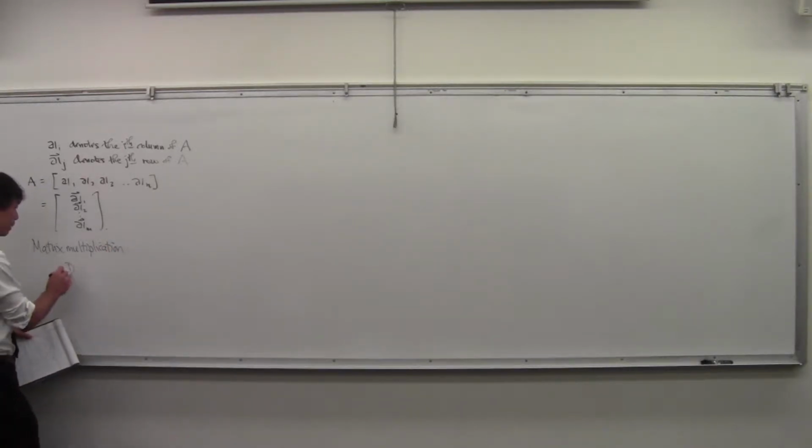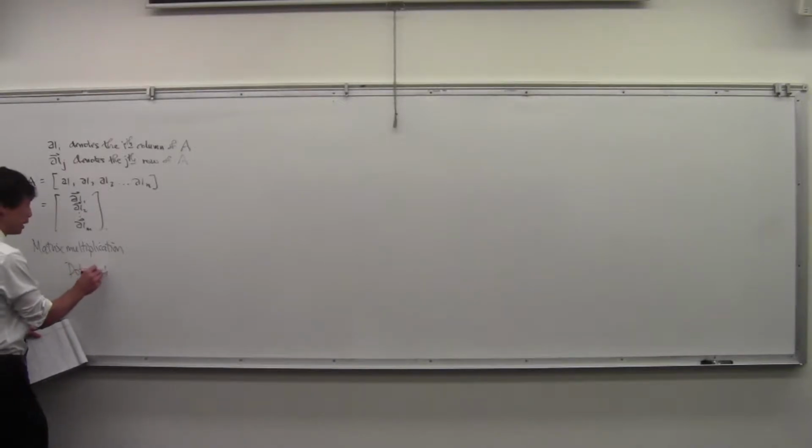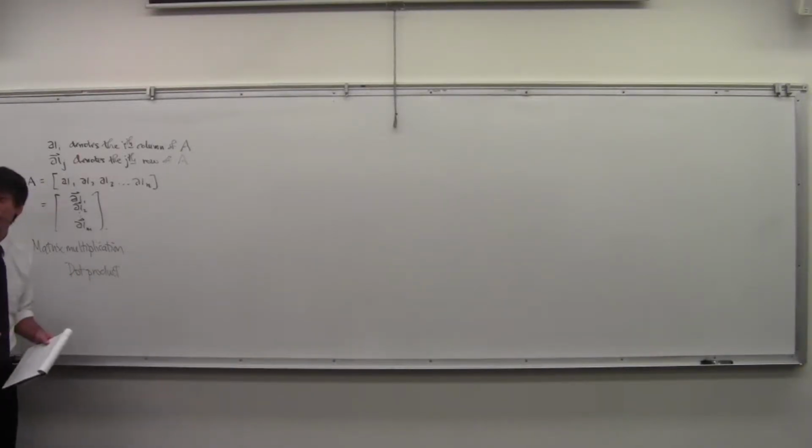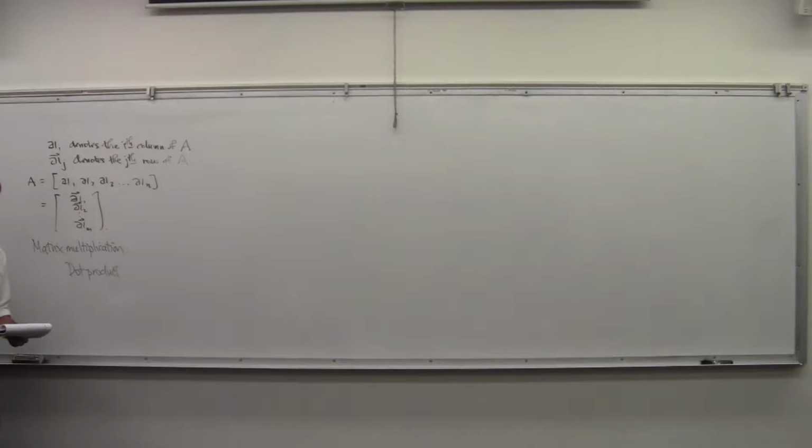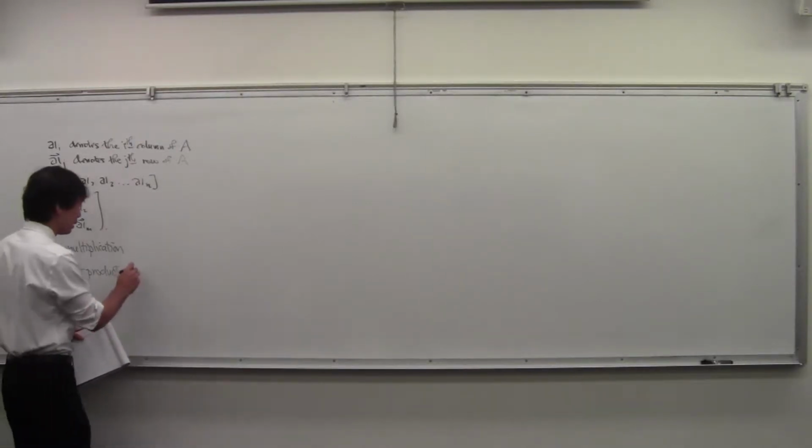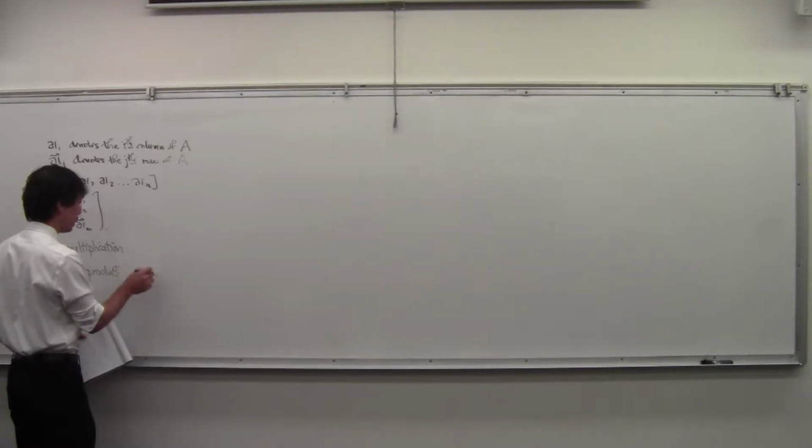What turns out to be the best way is something related to the dot product. Does everybody know what the dot product is? Anybody not know? That's all right. So, dot product of vectors.